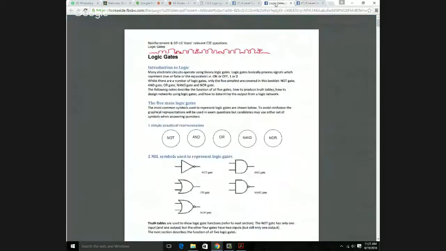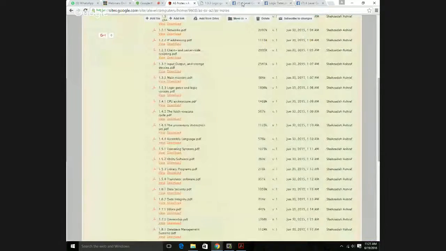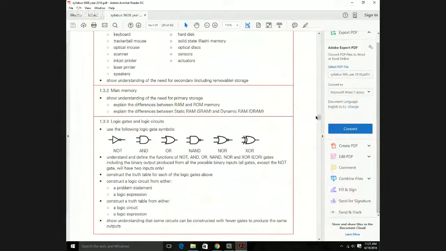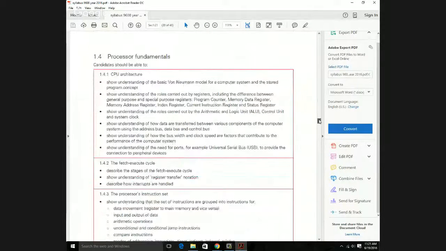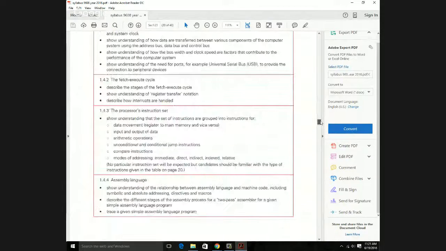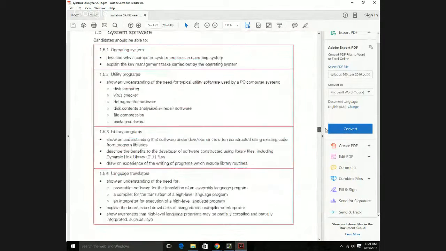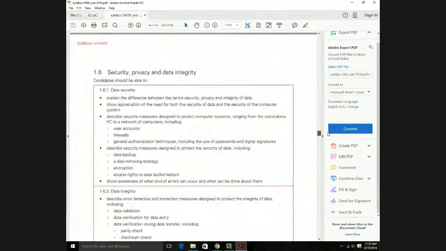This is about the syllabus so far for P1. If anything I've missed: the architecture, the fetch-execute cycle, the processor instruction set, the assembly language. We have discussed language translators, security, privacy, especially the encryption, the firewalls is okay.